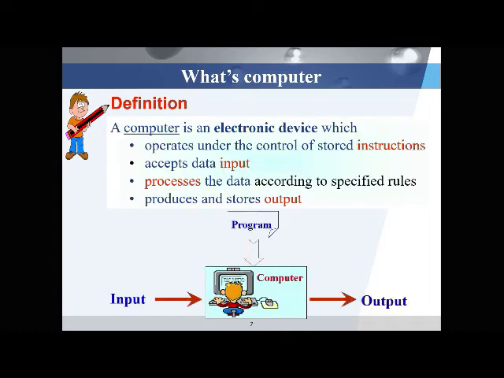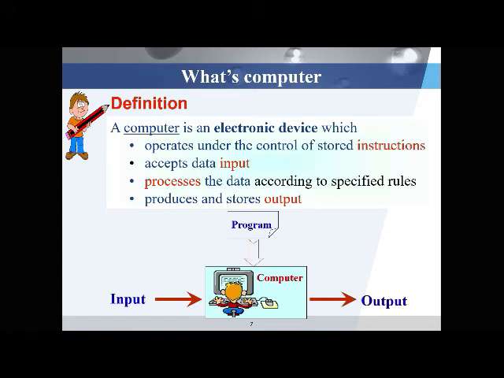First of all, it's an electronic device that can do computation. They operate under the control of stored instructions. We are going to discuss what the instructions are later. And it can accept input, process the input, and generate some output. So we use this as the definition of a computer.